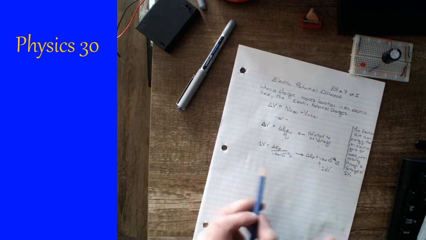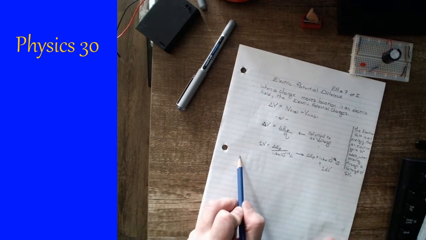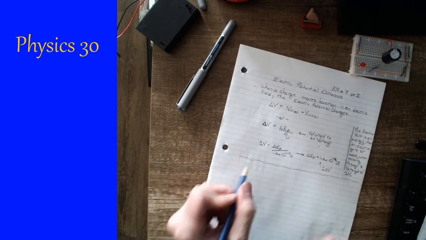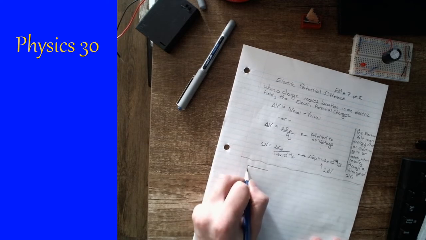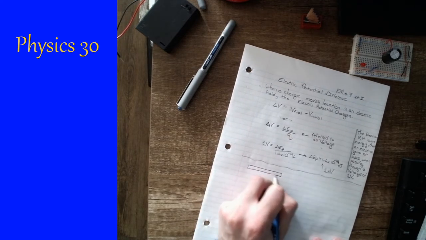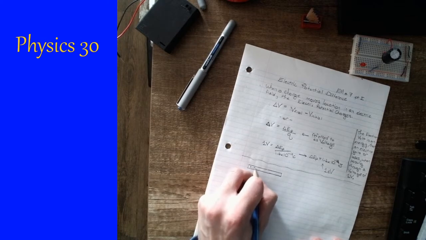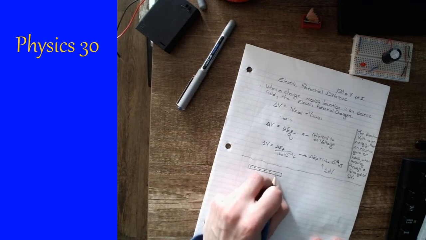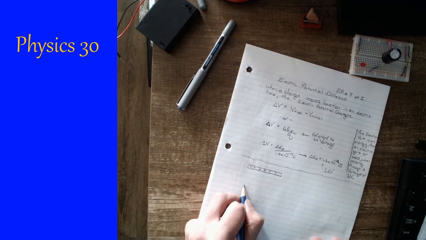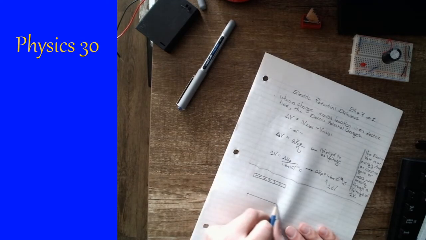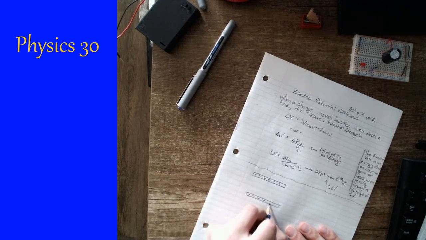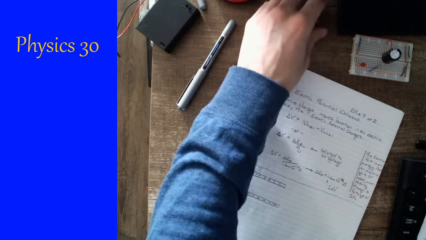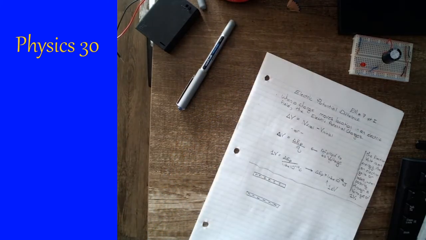Okay, so now let's take a look at one of the only places where we can apply all of this, and that's our parallel plate setup. So we'll draw our two plates, positively charged and negatively charged, and I have mentioned before that this is a uniform electric field.